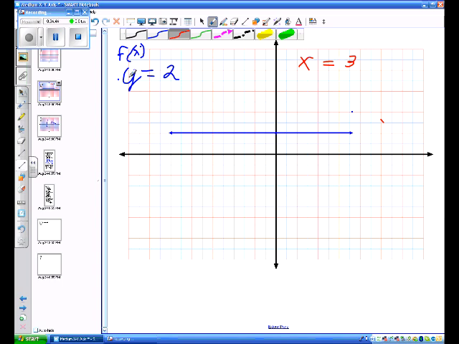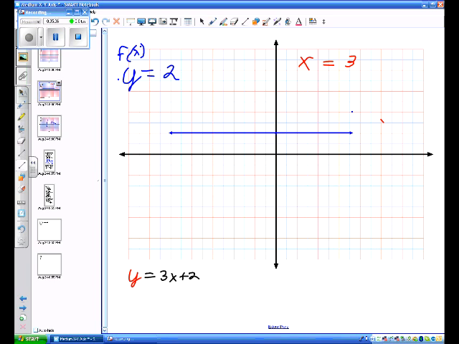If my equation only has a y, I'm only going to cross the y-axis. If it has both an x and a y, then I'm going to cross both axes.